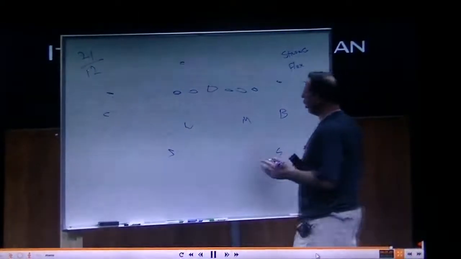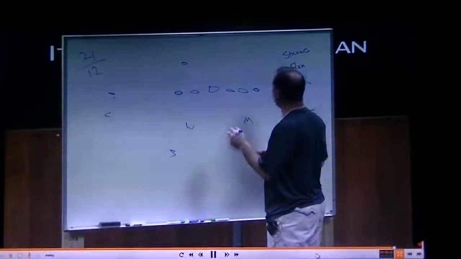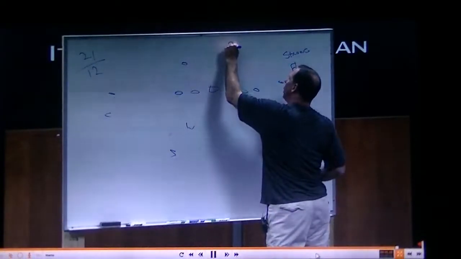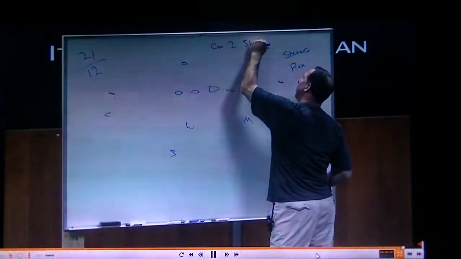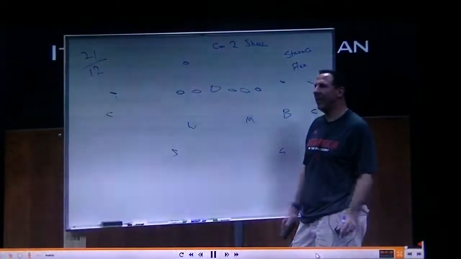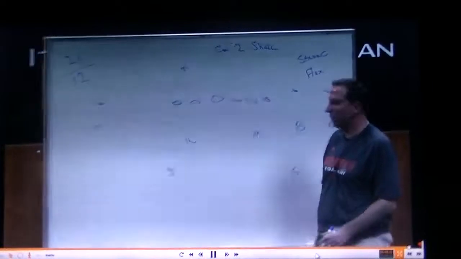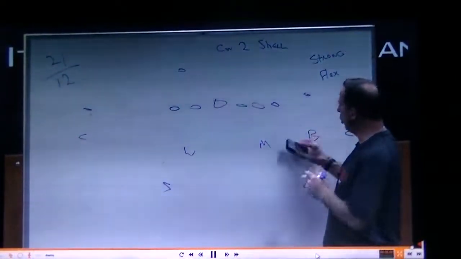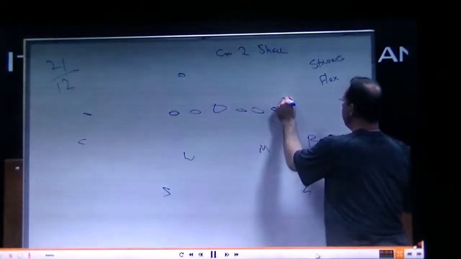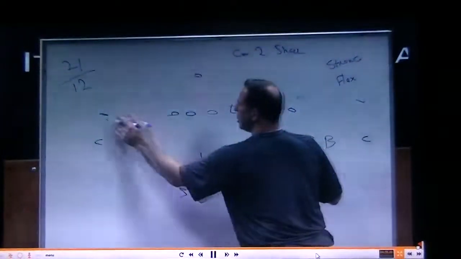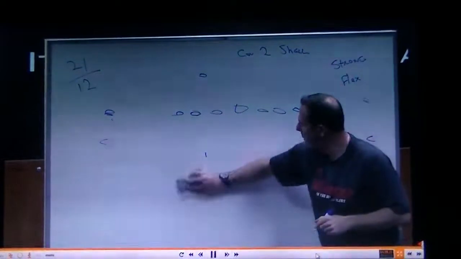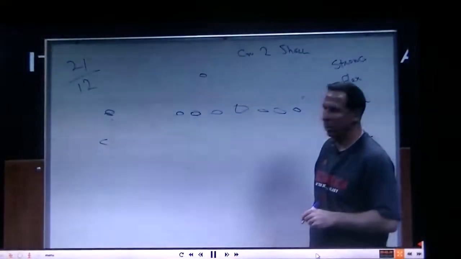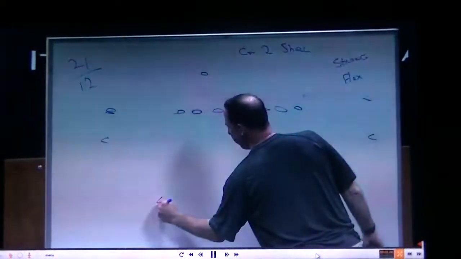Because we're always going to basically line up in a cover 2 shell. What does that mean? When you're playing cover 2, if I put it just like this, what is a cover 2 shell? 2 high safeties, boom, boom.